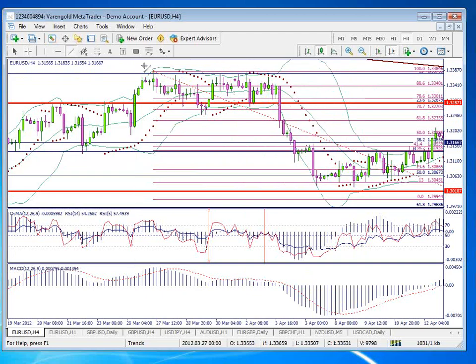The stop loss will be, we have to set it a few pips over the 100 and the Bollinger Band, maybe in this area when we have the signal.